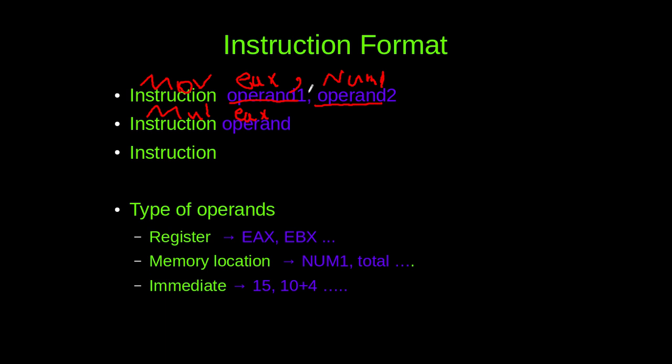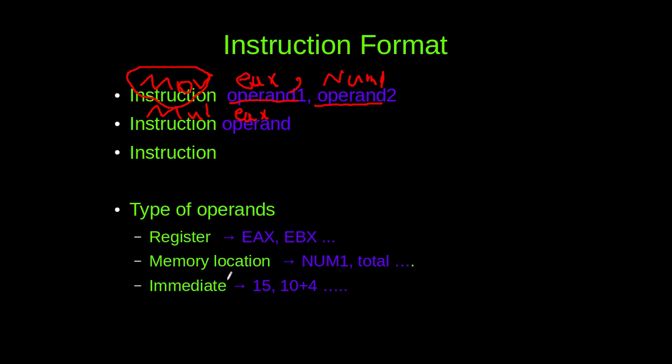Types of operands. We have an instruction, which is a mov. This instruction is going to have two, one, or no operands. One type of operand is registers, EAX, EBX, or a memory location, a label, num1. When you declare integers num1, num2, those are labels, memory locations, your variables.